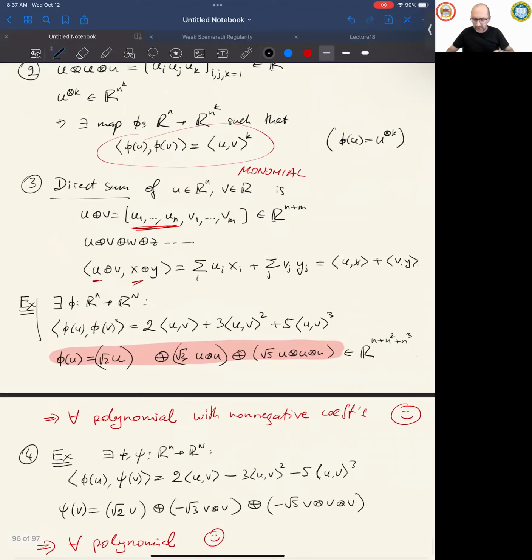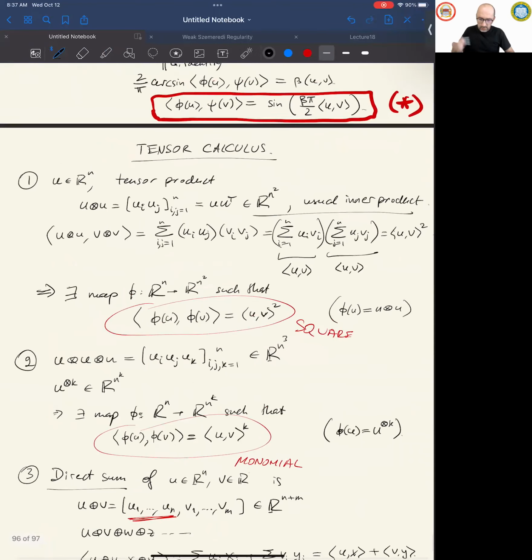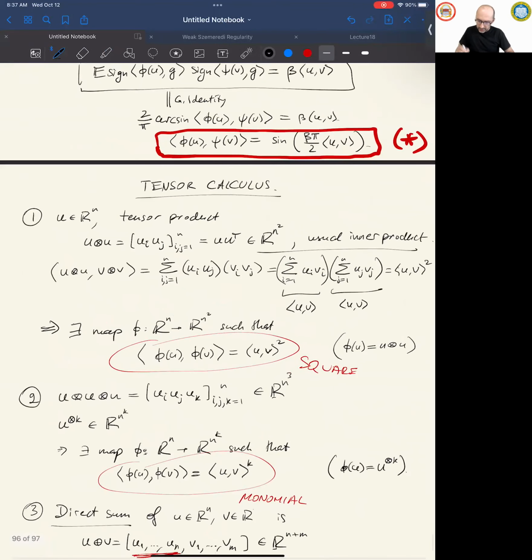Let's actually backtrack a little bit. What's the norm even when we build a square? So we build the square here by this map. What is the norm of u tensor u? The Euclidean norm. If u is a unit vector, what's the norm of u tensor u?